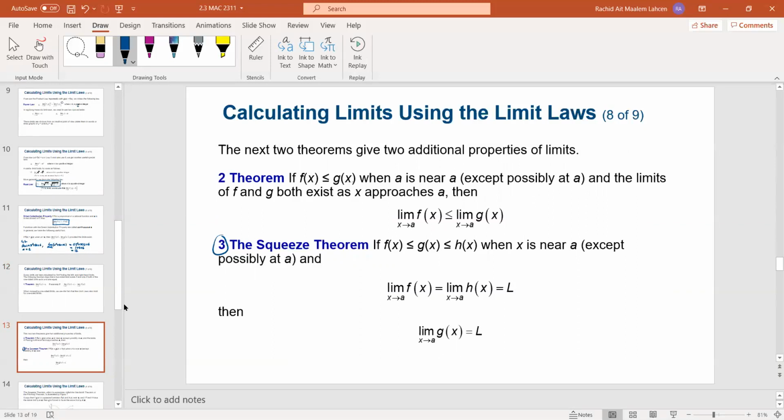And the limits of f and g both exist as x approaches a. So what does this mean? If f of x is less than or equal to g of x, then of course the limit of that function as x approaches a is also going to be less than or equal to the limit as x approaches a of g of x. So this is kind of intuitive in a way.